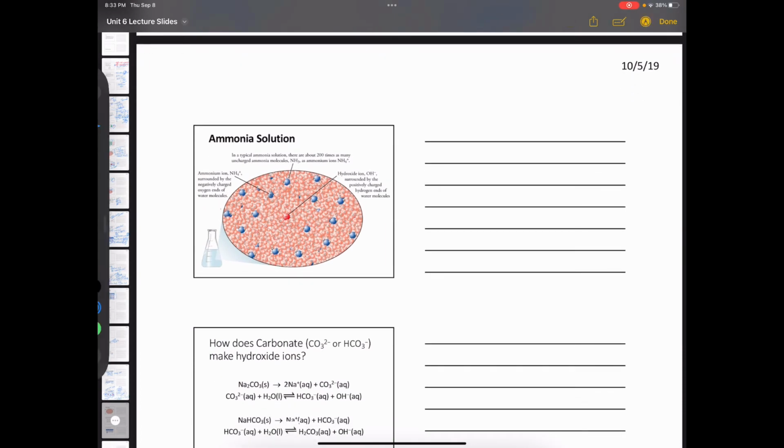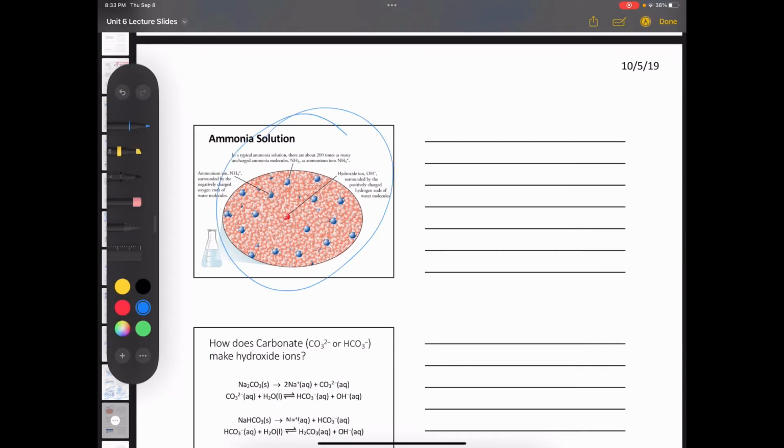That's basically just a quick drawing of how this all unfolds, and you can see the ammonium right here. And this is the hydroxide ions, and you can see the hydroxide ions are in a very small amount compared to the ammonia right here.